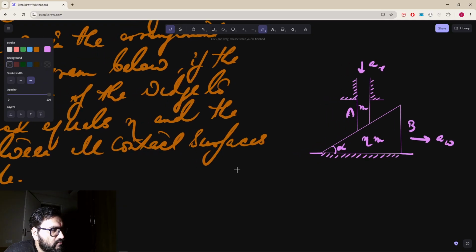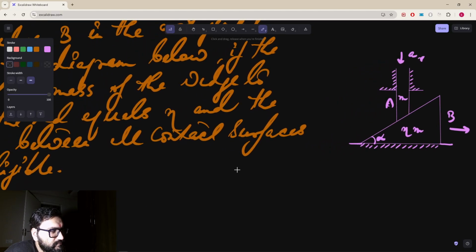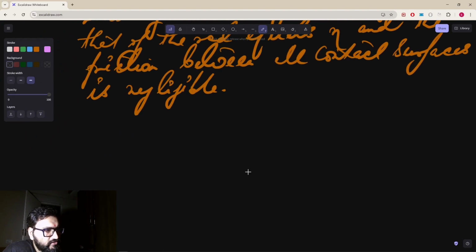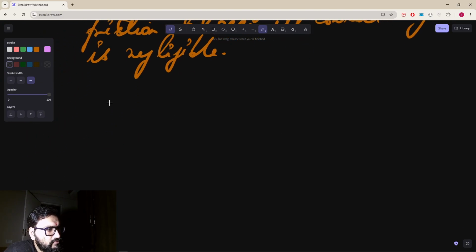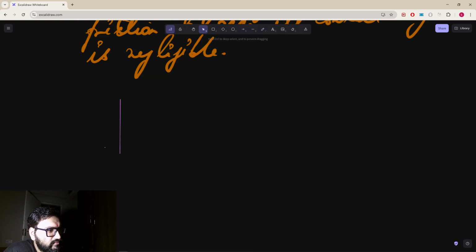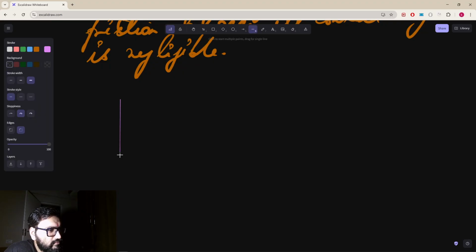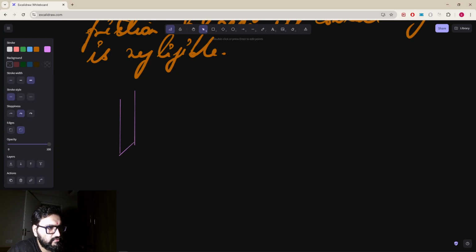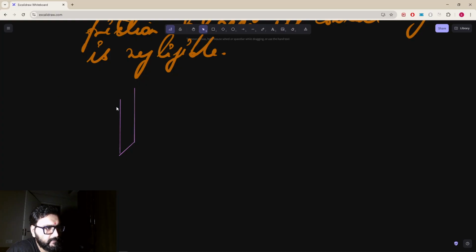Now given this condition, let's write down a few equations. Let me draw the FBD first. So this is my rod.